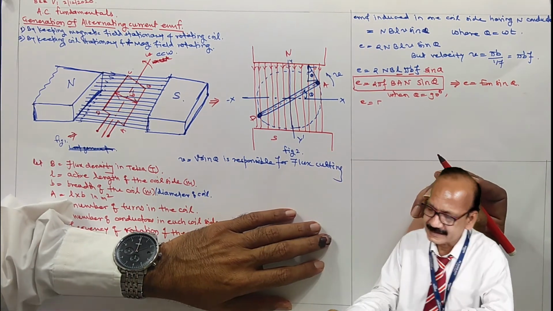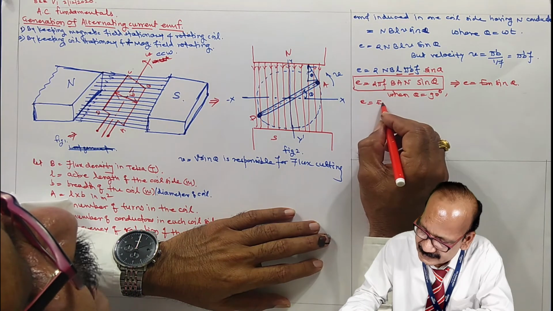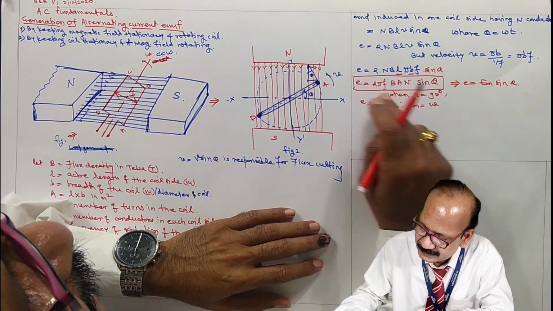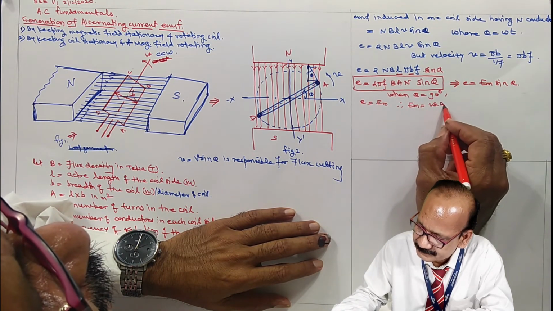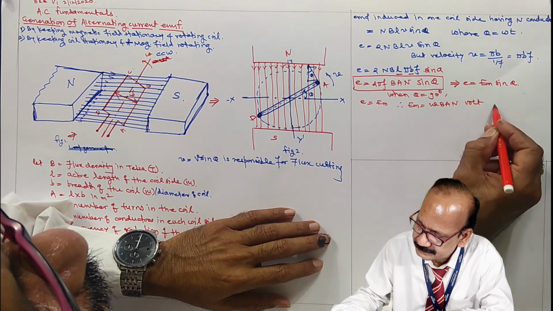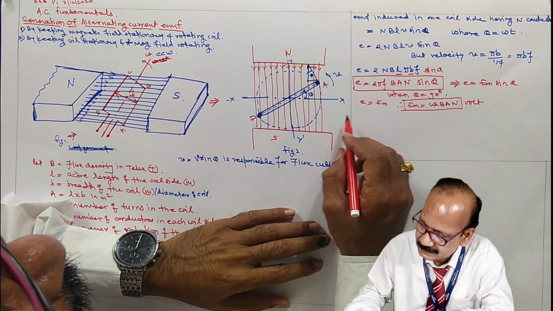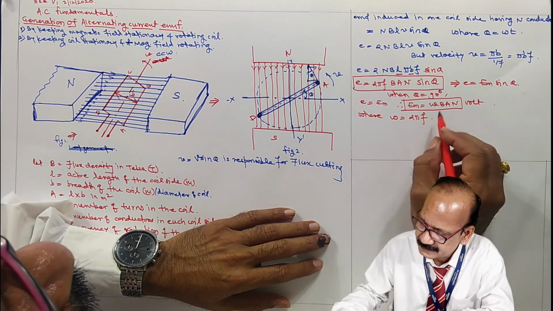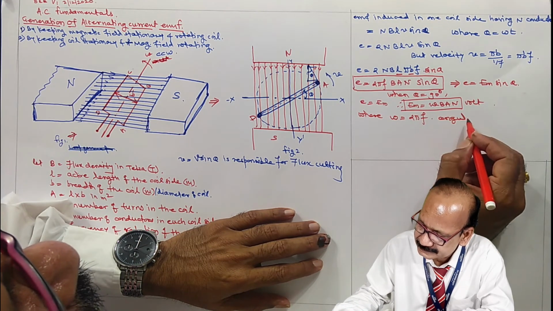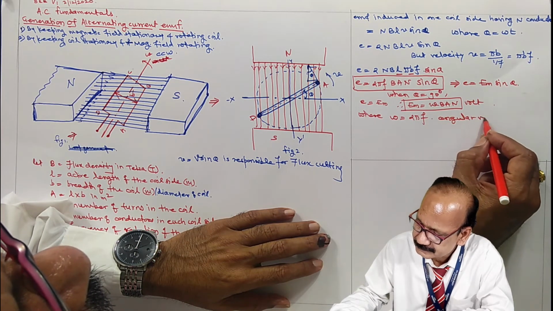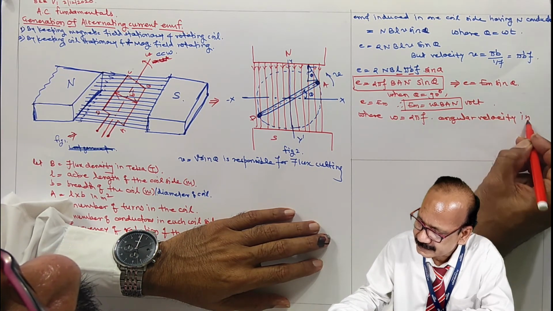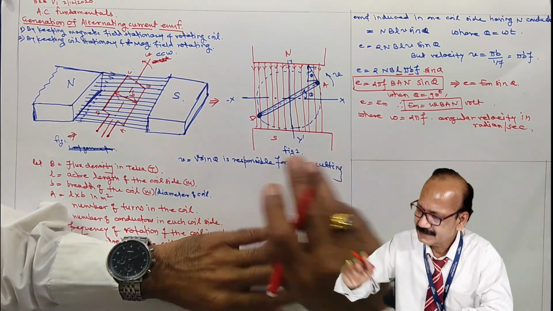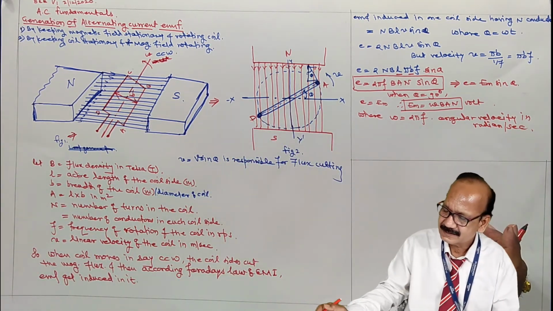So when theta equal to 90 degree, e equal to E max, and therefore E max equal to 2 pi f, which is nothing but omega, B A N volt, where omega equal to 2 pi f, angular velocity in radian per second.